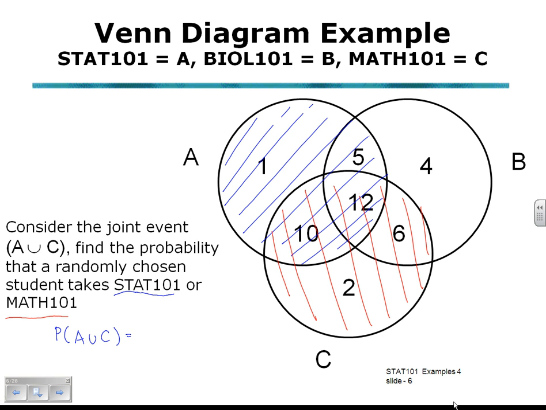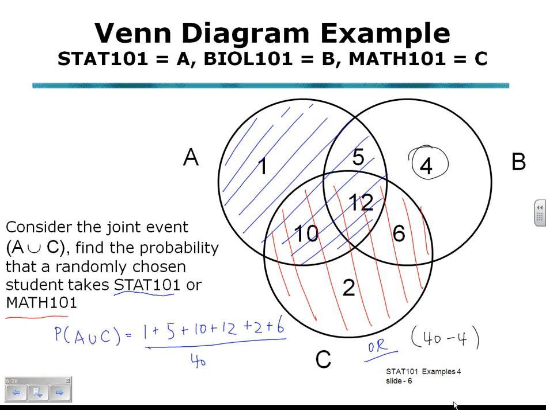So considering this joint event, how many students have we got inside our total shaded area? Can do this two ways, by adding up all the values inside the shaded circles and dividing by our 40 as we've done before, or remembering that we've got 40 students in total, so we could just take the 4 students in biology that don't take the other subjects and take this away.